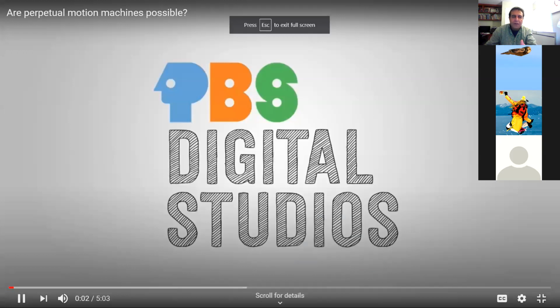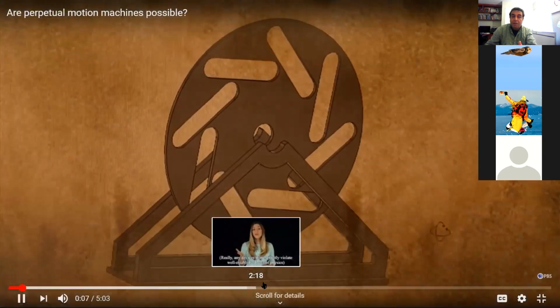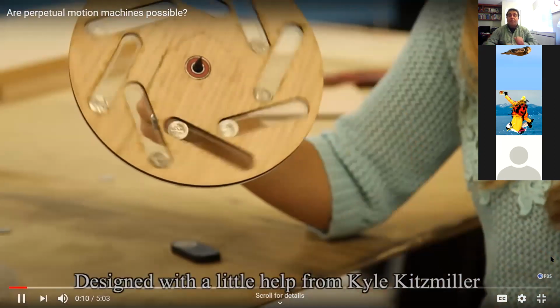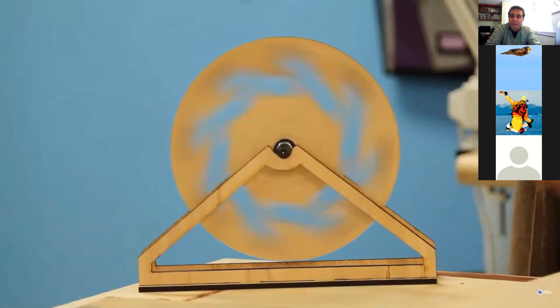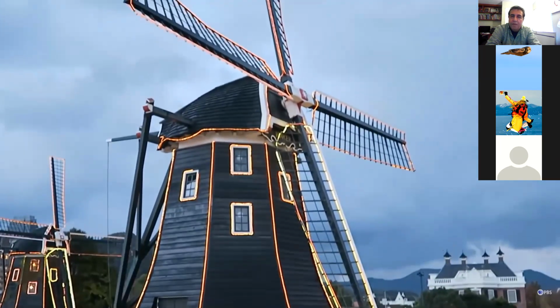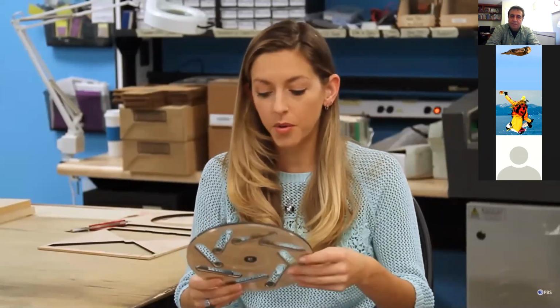What if I told you I built a machine that creates energy? My ingenious design works like this. As the wheel turns, the coins fall in the slots, so that one side of the wheel is always heavier than the other. The wheel would keep turning and never stop. With just one push, this wheel would spin forever.